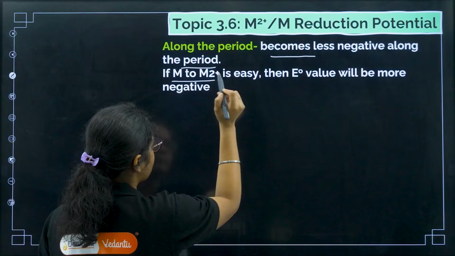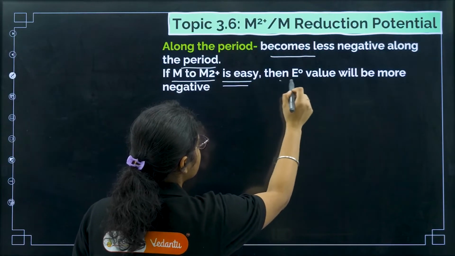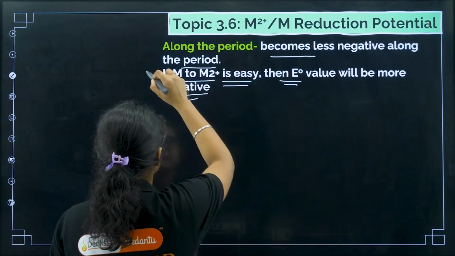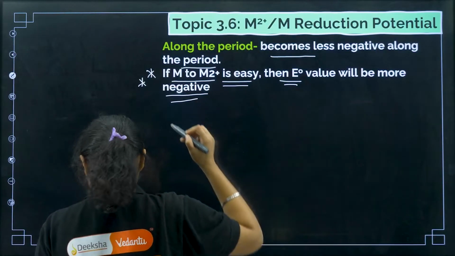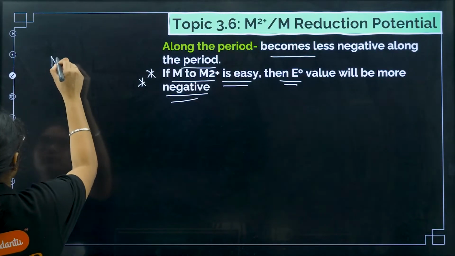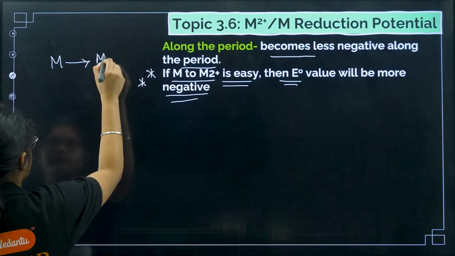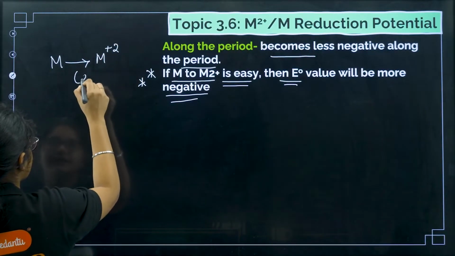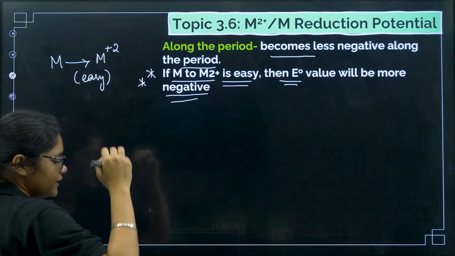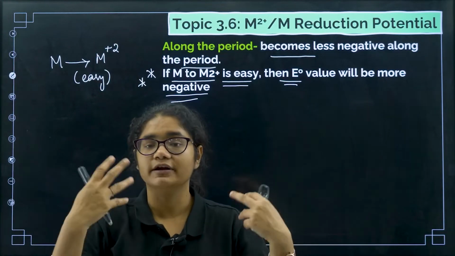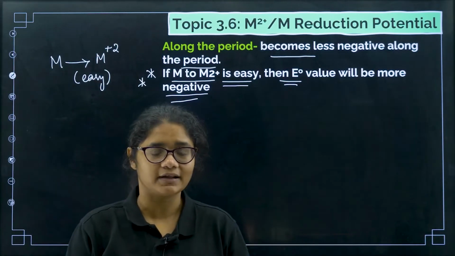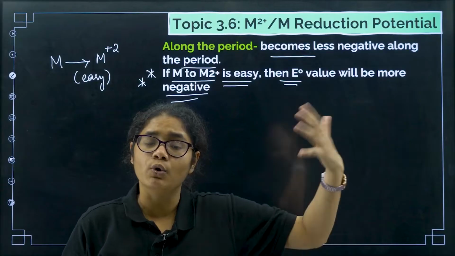Now what happens? If M to M2+ conversion is easy, then the E0 value will be more negative. This statement please remember. If easily a metal can get converted to M2+, very easily it can get converted, then the E0 value will be more negative.